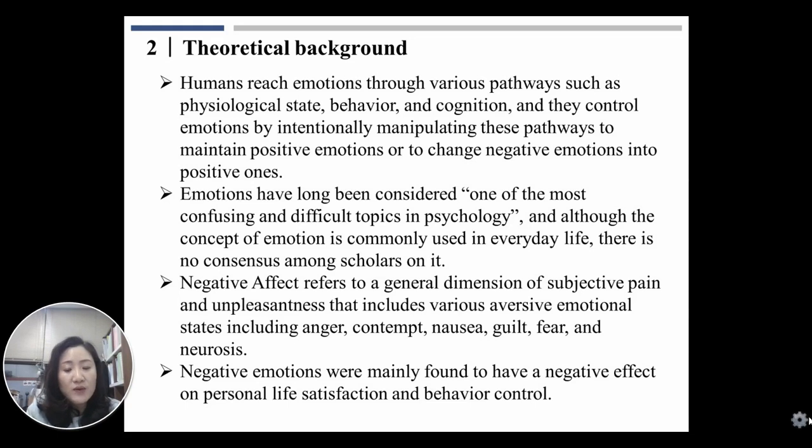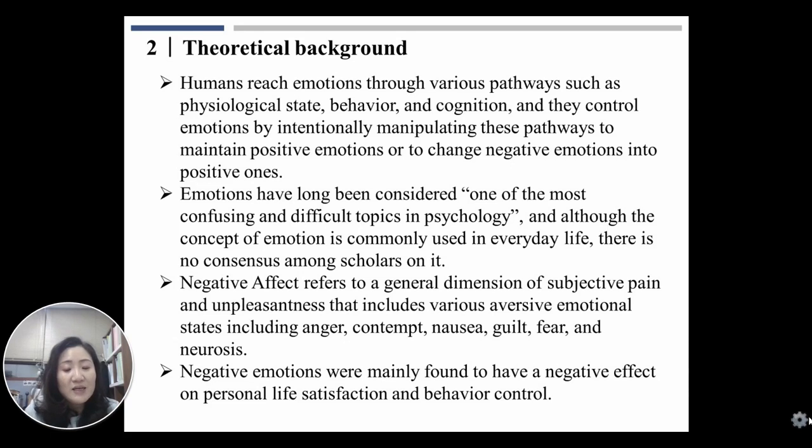Emotions have long been considered one of the most confusing and difficult topics in psychology, and although the concept of emotion is commonly used in everyday life, there is no consensus among scholars on it. In response to a fundamental question, William James viewed emotion as adaptive behavior and a psychological response caused by an evaluatively important situation.